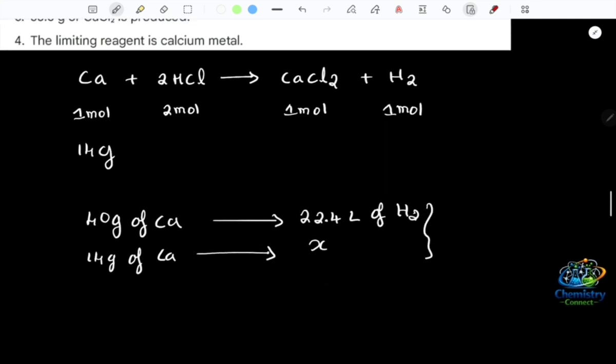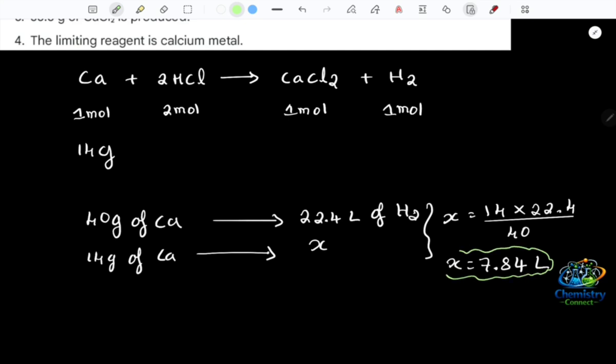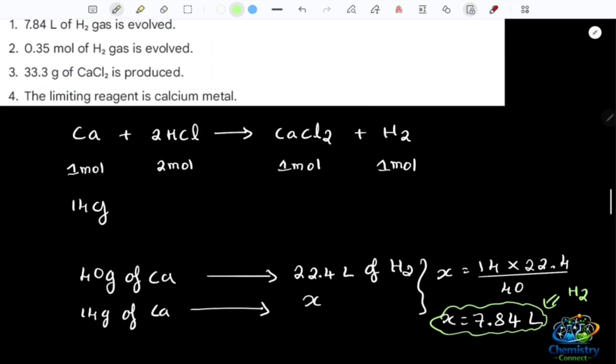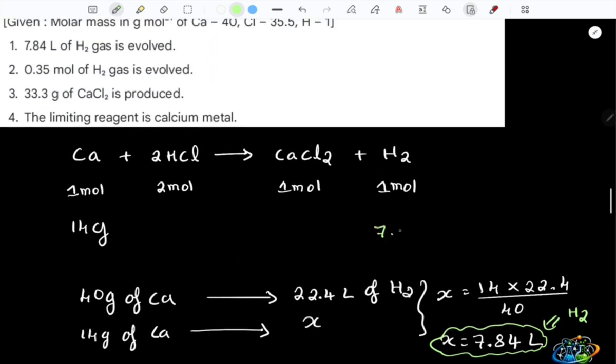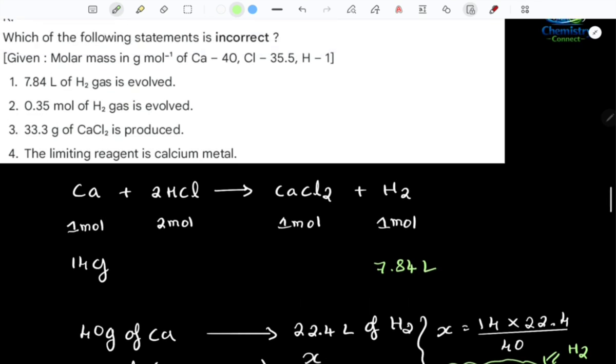X equals 14 into 22.4 divided by 40. If you calculate it, you will get 7.84 liters of hydrogen gas. So option 1 is correct.